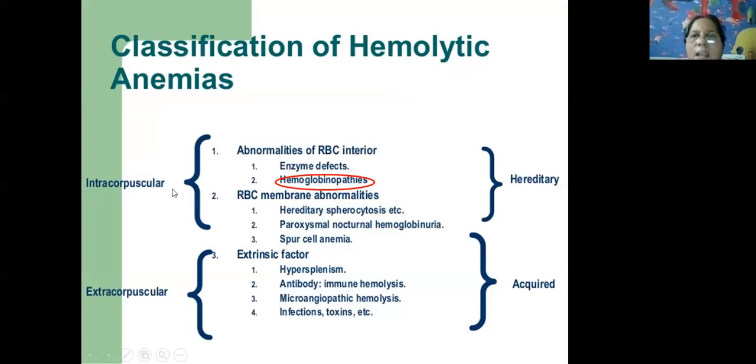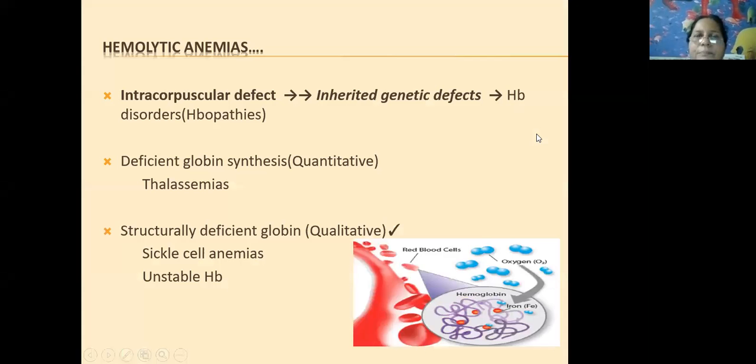It is an intracorpuscular defect, an abnormality in the RBC interior, that is within the hemoglobin, a hemoglobinopathy, and it is a hereditary disorder. Remember, inherited genetic defect, hemoglobin disorder.